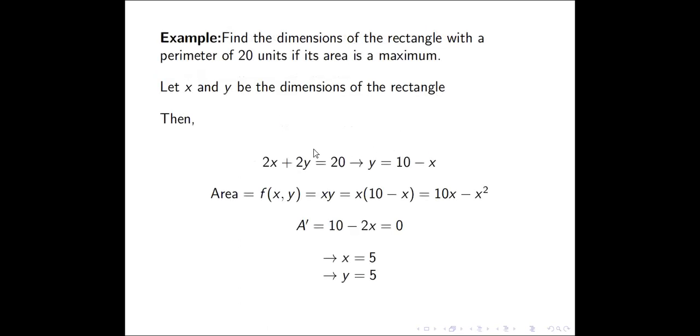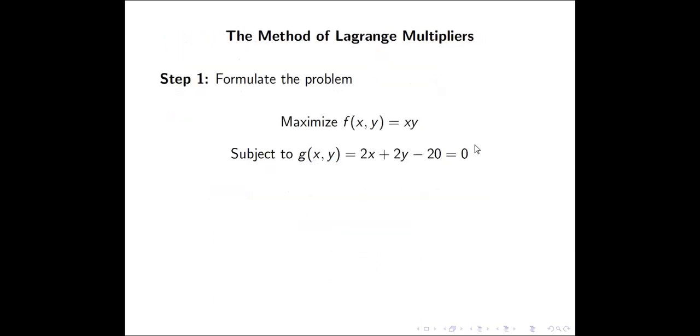It came from this one here, where we know that the perimeter is 20, and in terms of x and y, it's 2x plus 2y. And all we did was to transpose 20 to the other side so that we always have a 0 on the other side. So that this expression on the left-hand side will be the constraint function g of xy.